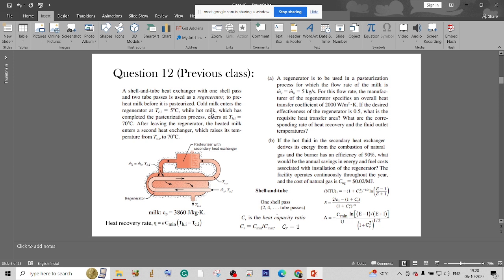As it said, after leaving the regenerator, the heated milk enters the second heat exchanger, where its temperature is raised to 70 degrees. So when the cold fluid leaves the first one, we don't know the temperature at that time. When it is leaving the heat exchanger, we need to calculate the temperature at that point.